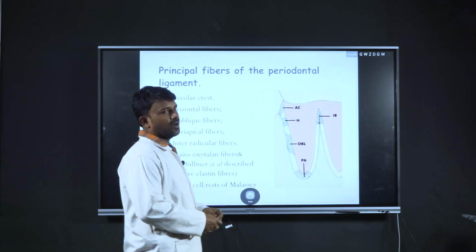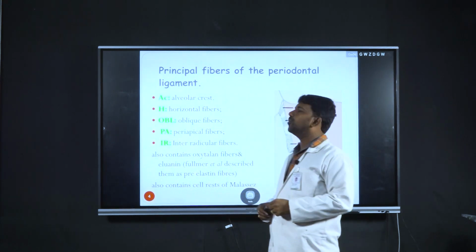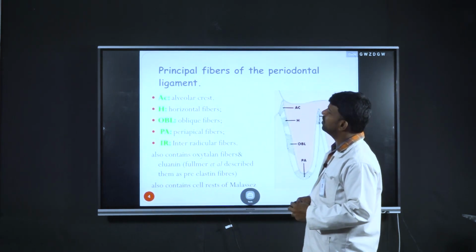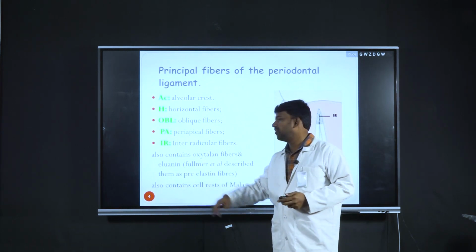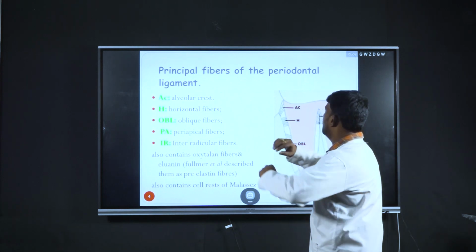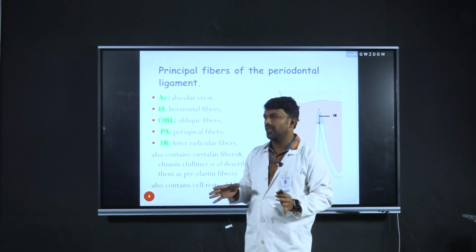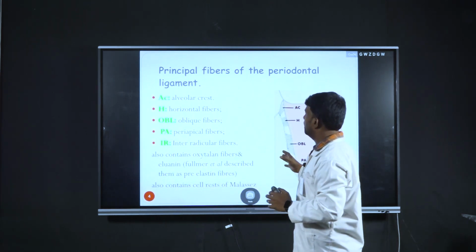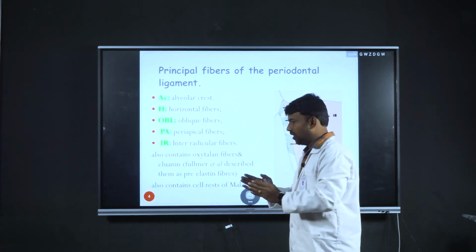So what forms the periodontal ligament? Periodontal ligament is formed by fibroblasts. Most of the periodontal ligament fibers are collagen fibers. We can see oxytalan fibers and elaunin fibers rarely in the periodontal ligament, which Fullmer described as pre-elastin fibers. When the collagen is forming, there are oxytalan and elaunin fibers in somewhat discrete condition.